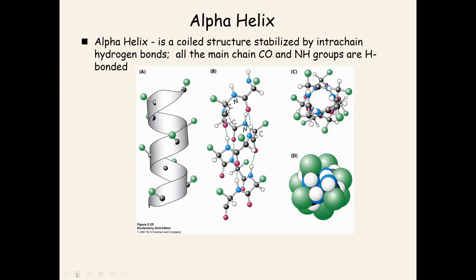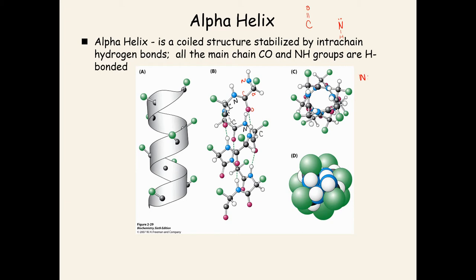So alpha helix, probably one of the most famous kinds, is a coiled structure, and it's stabilized by hydrogen bonding. The main chain C double bond O will hydrogen bond with NH groups within the chain. And we can kind of see here N, alpha carbon, C double bond O. So anything blue here is nitrogen.